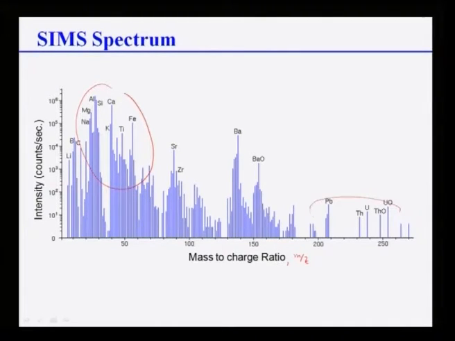Whereas if the m/z is very high, for lead, thorium, uranium, the intensity is low. You can see that the intensity is low for even the barium compounds also.